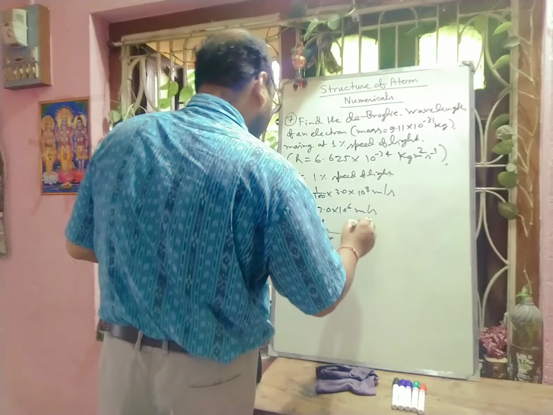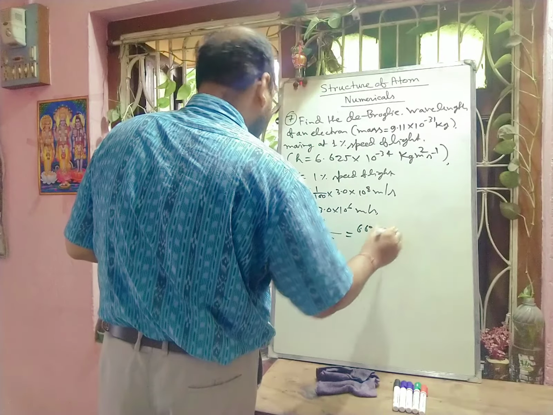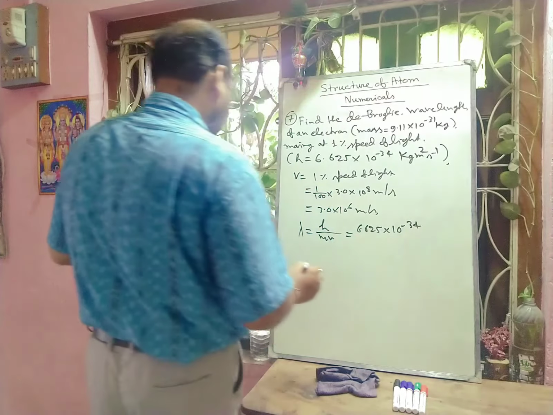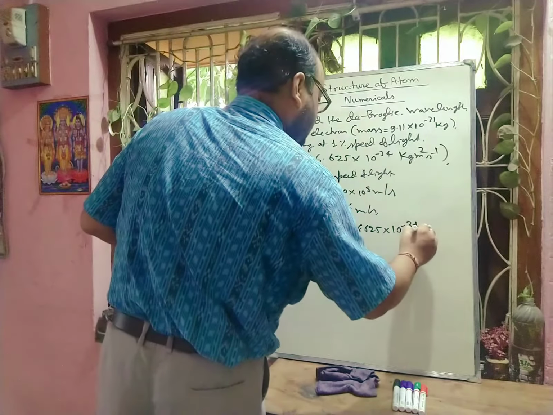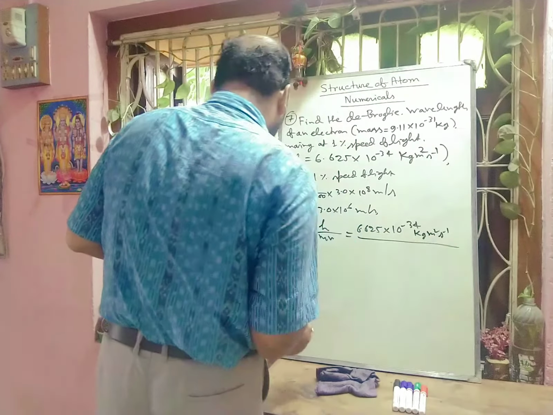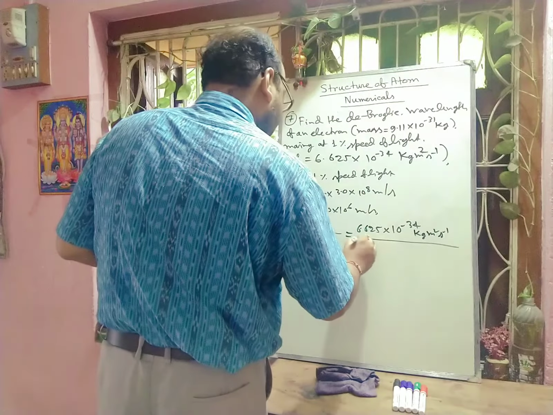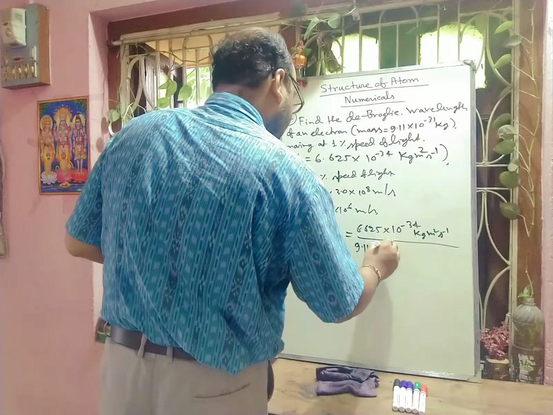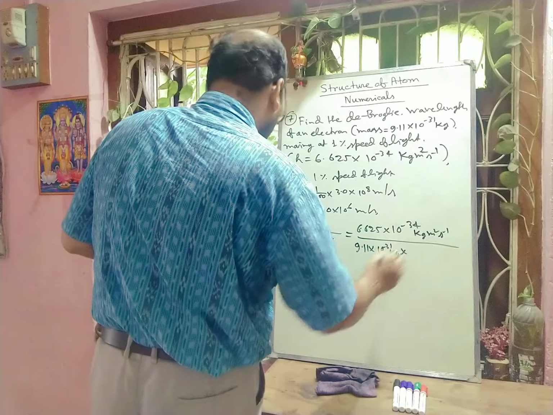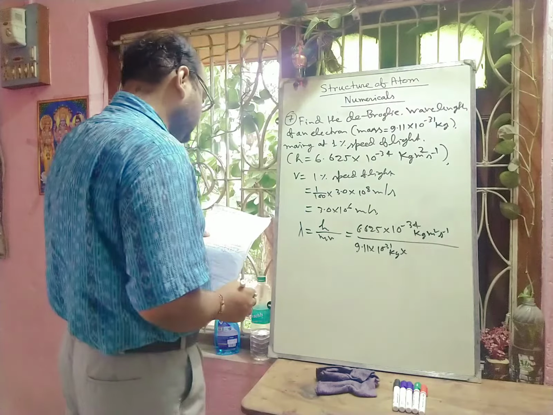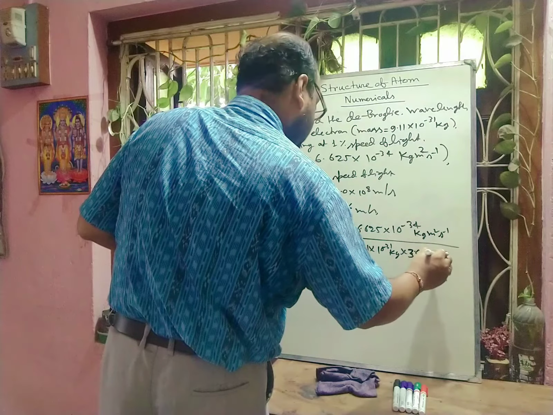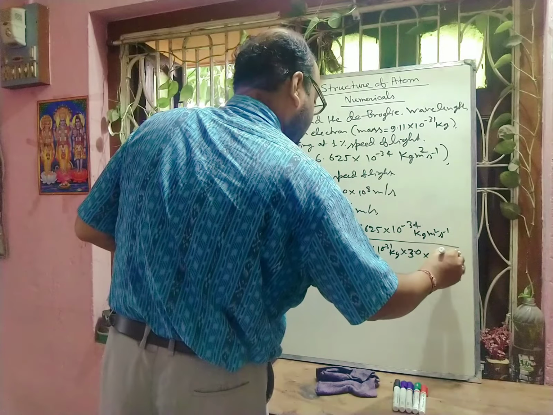Now we will put the value of h, 6.625 into 10 to the power minus 34 kg meter square second inverse, divided by 9.11, that is the mass of the electron, into 10 to the power minus 31 kg, into the velocity 3.0 into 10 to the power 6 meter per second.